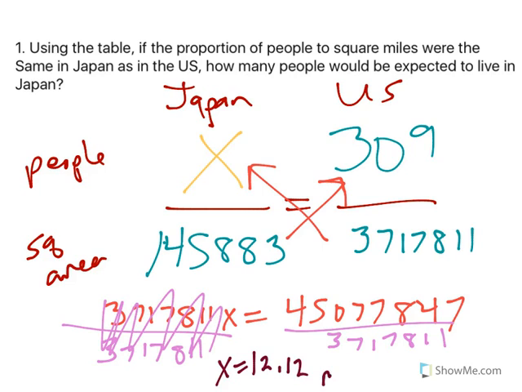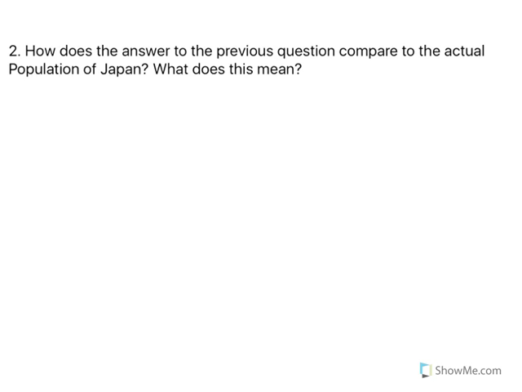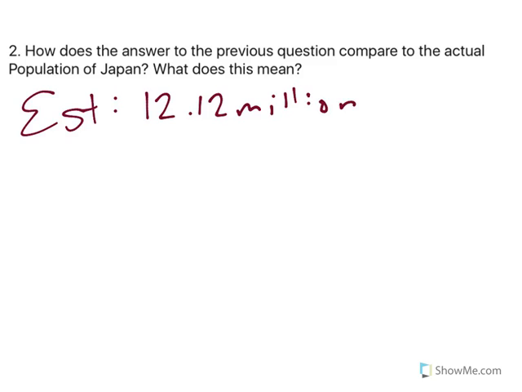And again, it's people, so we know that it's million. So if the U.S. and Japan had the same population density, we could expect just 12 million people to live in Japan. So if Japan was like the U.S., it would be estimated that 12.12 million people live there.